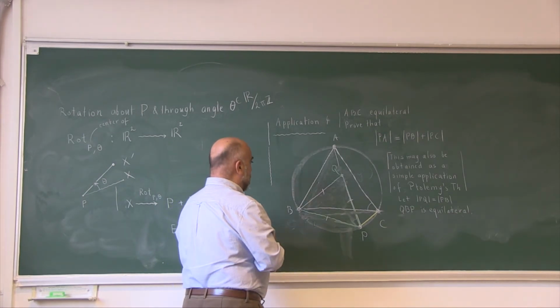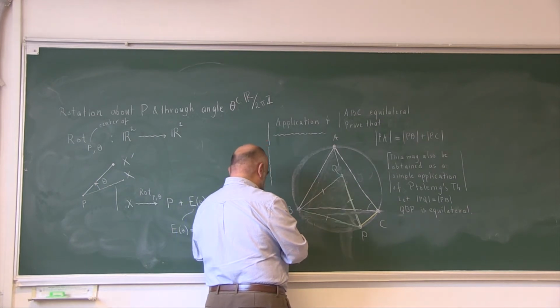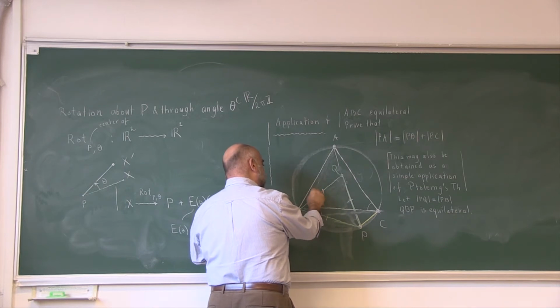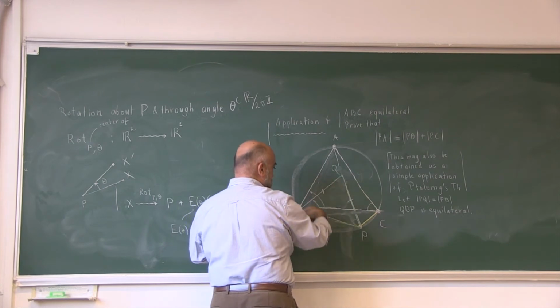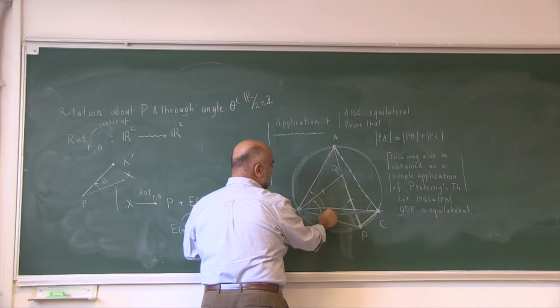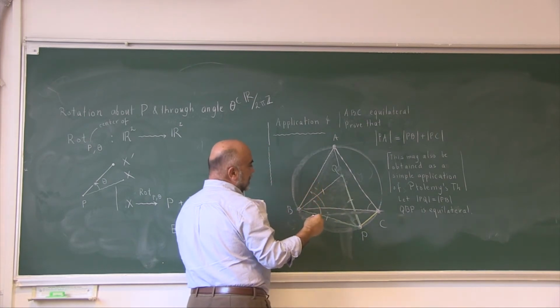You might like to say, well, this angle is also 60 degrees. So is this angle 60 degrees, because the triangle ABC is equilateral. We have found that QBP is also equilateral. So it means that this angle and this angle must be equal. That's how you might argue.